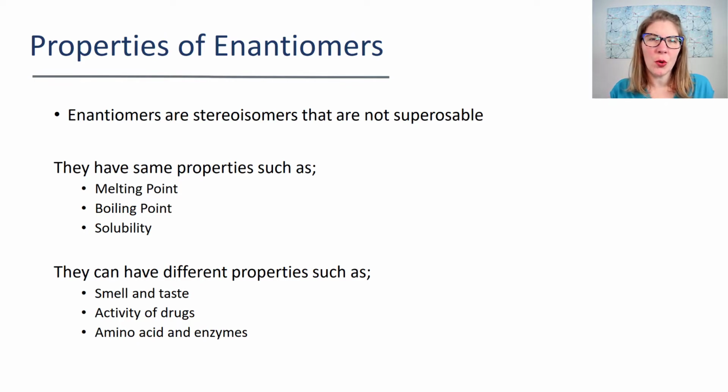If you don't put in the correct enantiomer, then the enzyme isn't going to do its job. So inside of the body, enantiomers have a big discrepancy on how they behave. Outside of the body, they have the same melting point, they have the same boiling point, they have the same solubility. So how do we know when we have a mixture of enantiomers?